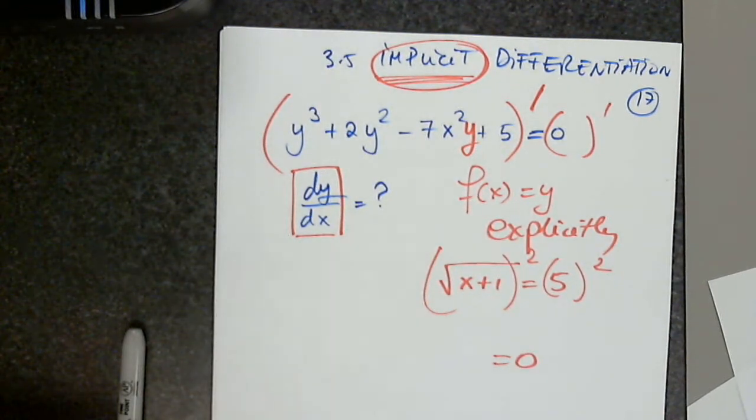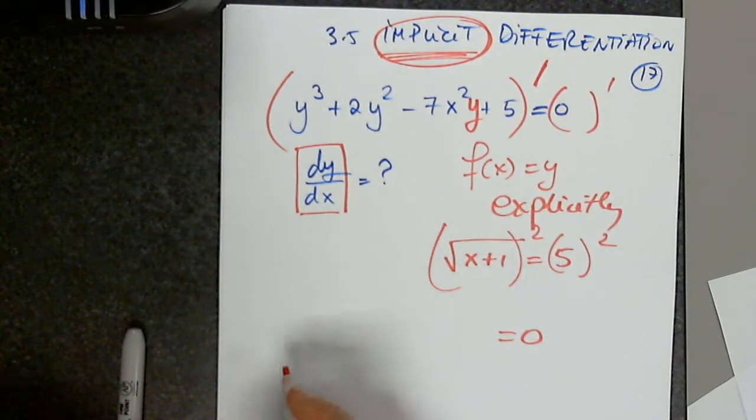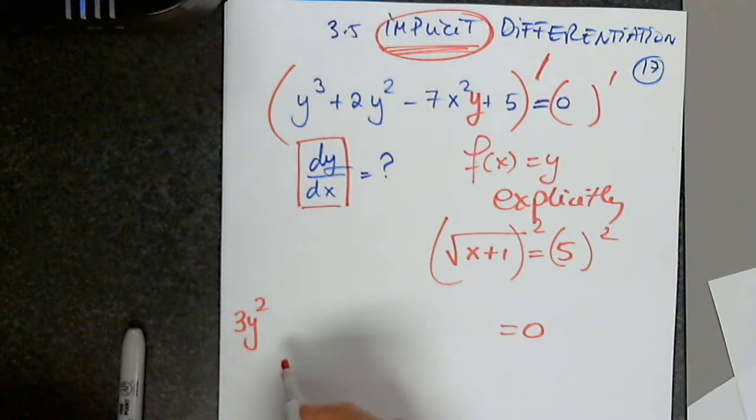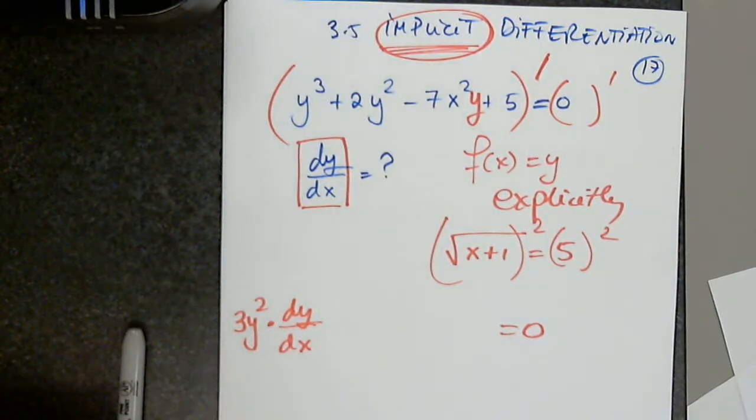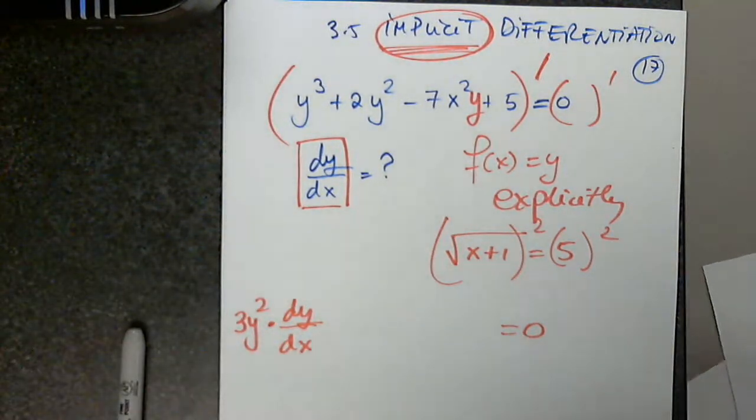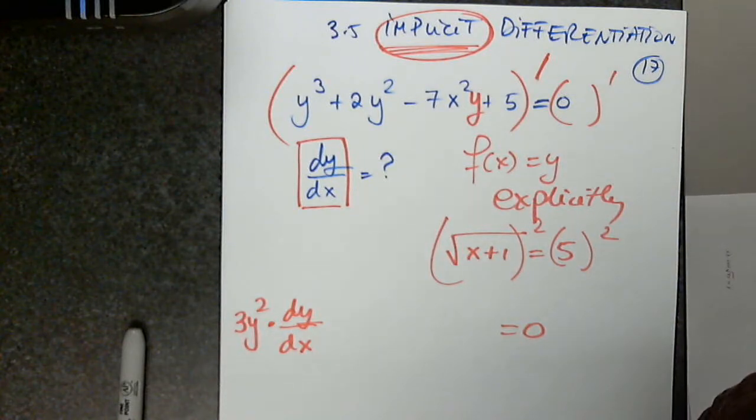So y cubed, 3 times y squared times the inner function prime, dy over dx. Let's come back to our definition, if I can find it quickly.